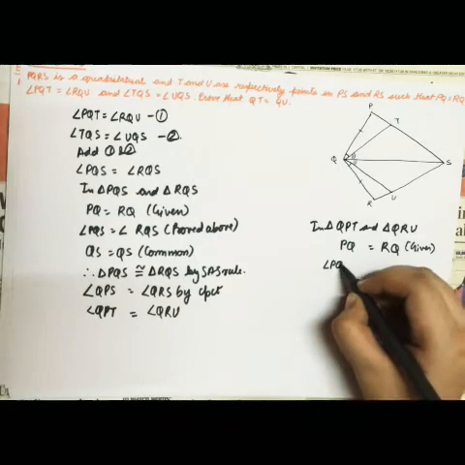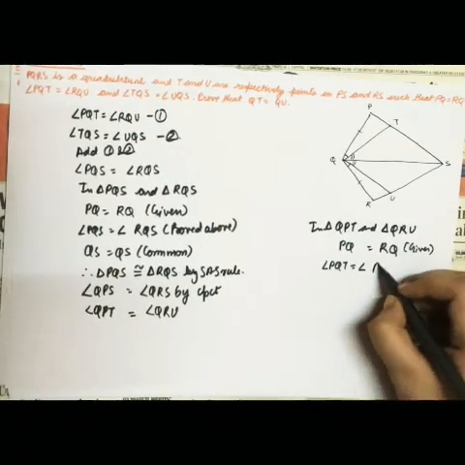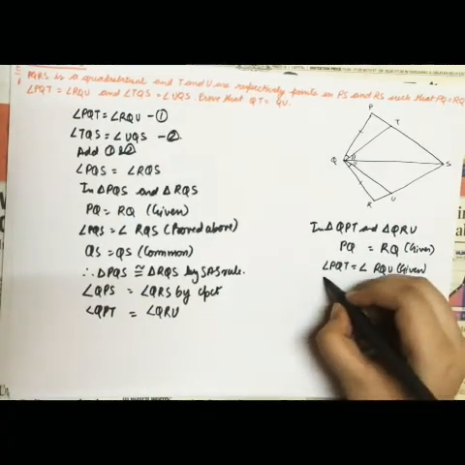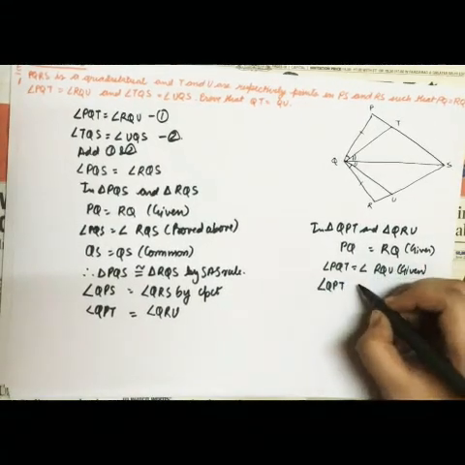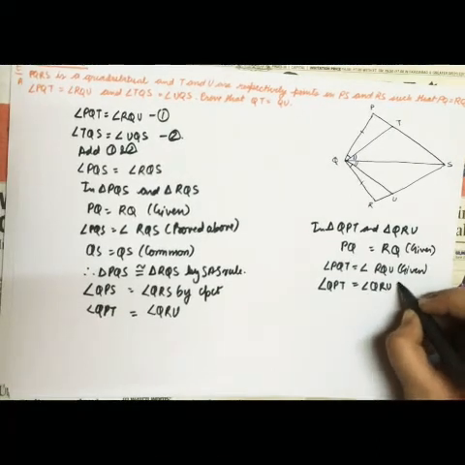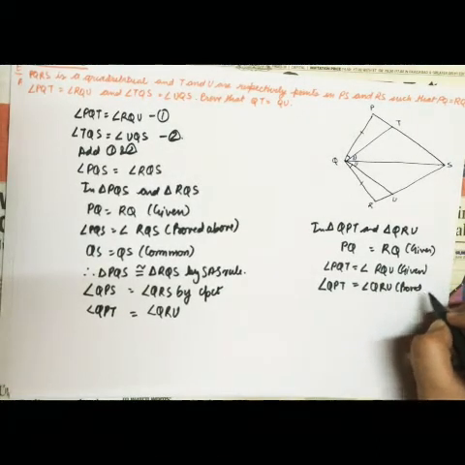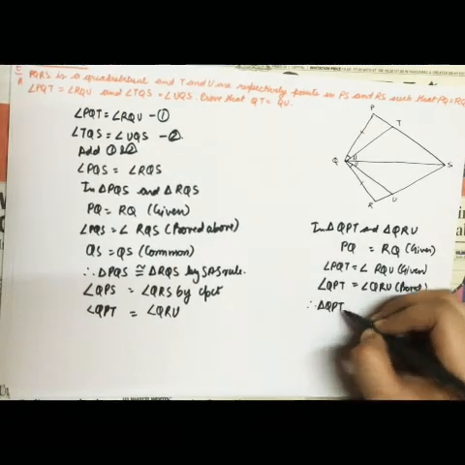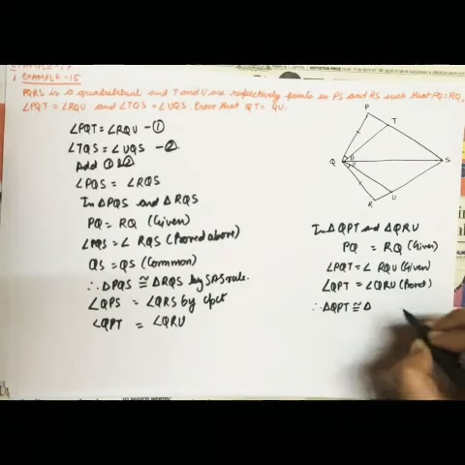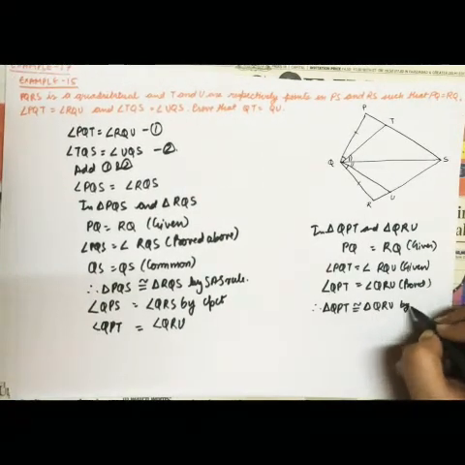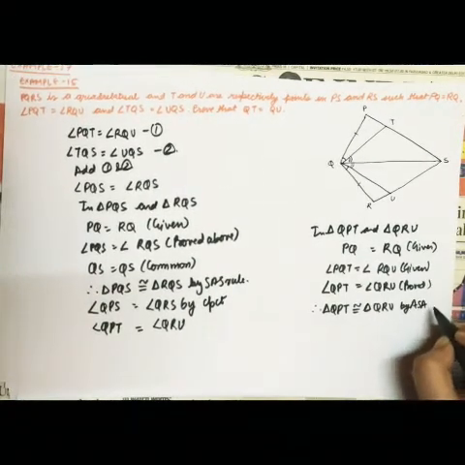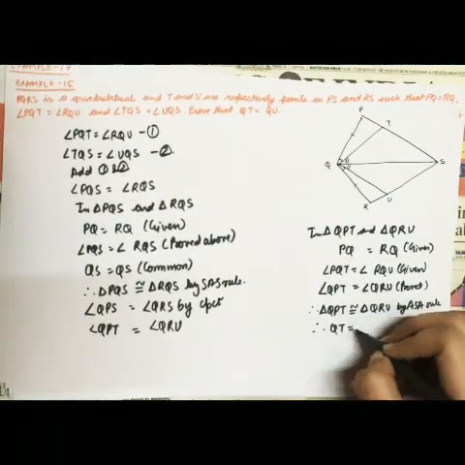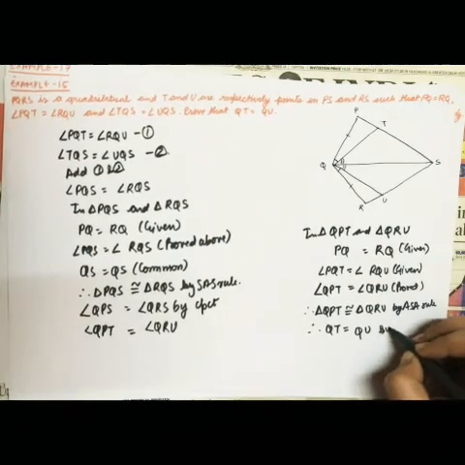Similarly, angle PQT is equal to angle RQU, which is also given. And angle QPT is equal to angle QRU, which we have proved. Therefore, triangle QPT is congruent to triangle QRU by ASA rule. Therefore, we can now say that QT is equal to QU by CPCT.